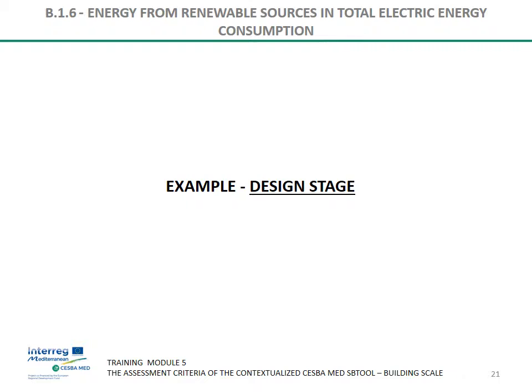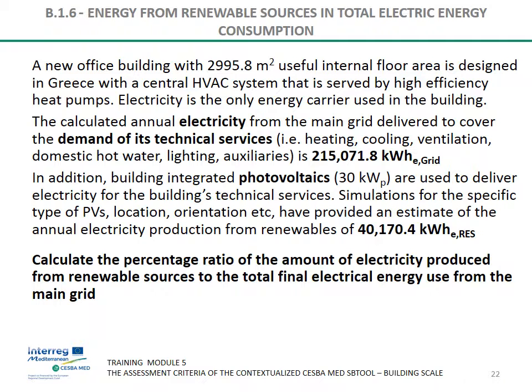Now we have an example carried out at design stage. So we have an office building with 2995.8 meters squared of useful floor area. We have the calculated annual energy electricity from the main grid, and we also have the portion which comes from photovoltaics, from which we can calculate now the percentage.